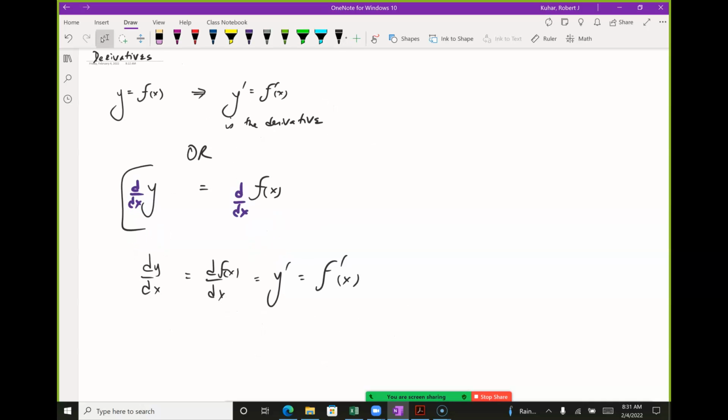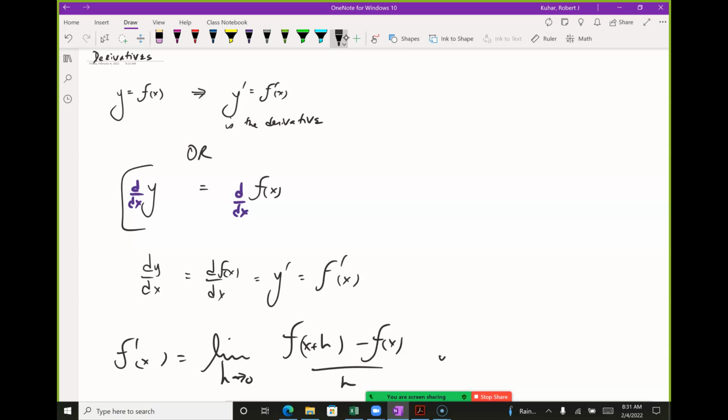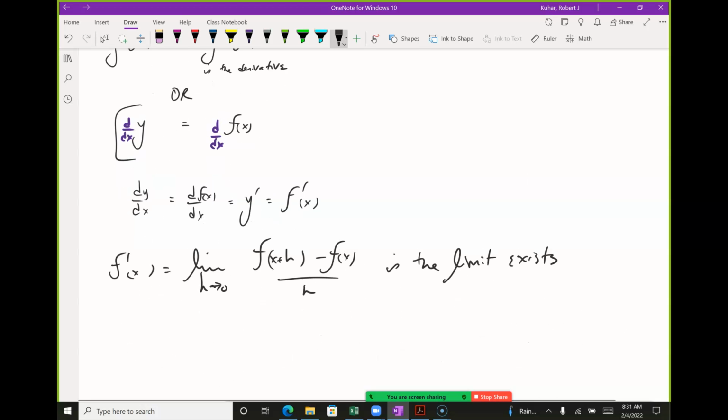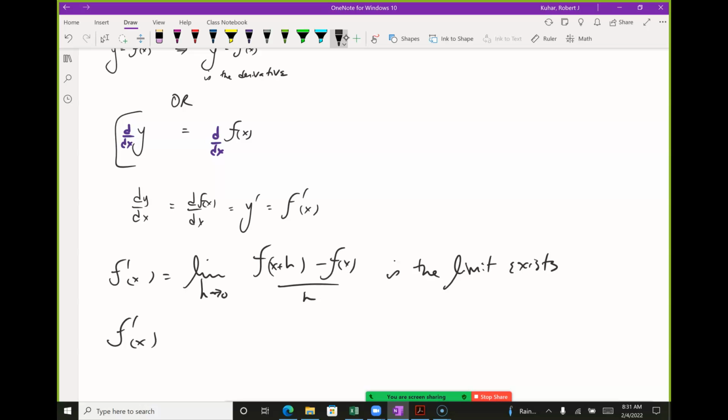Anyway, what is this derivative? So f prime of x equals the limit as h goes to 0 of f of x plus h minus f of x all over h, if the limit exists. And f prime of x is the derivative function. And what does it give?